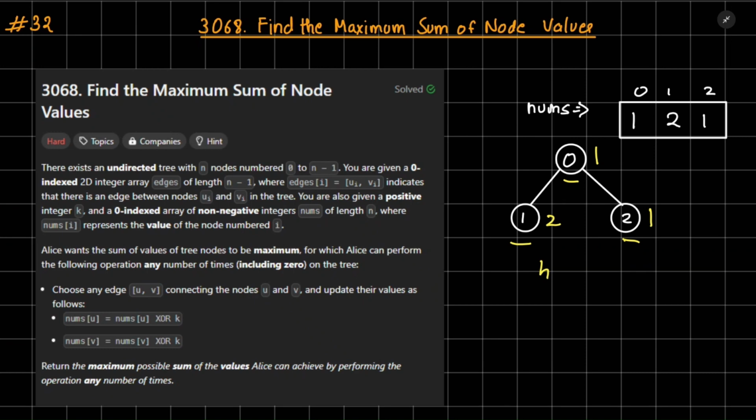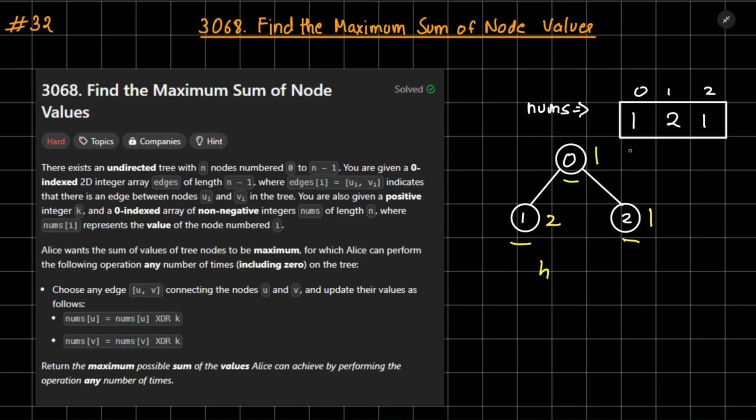So how is she going to do it? She can perform this operation any number of times. The operation is to select any edge and take XOR of both of these values by k. If we take this edge and take XOR, then this will become 1 and this will become 2. It does not change the sum because the 1 and 2 are just interchanged.